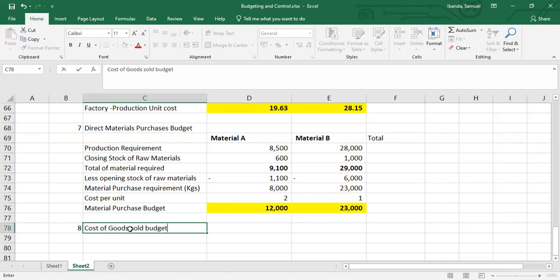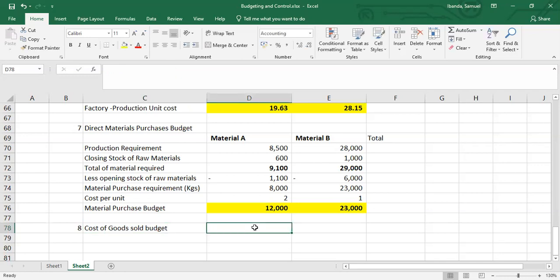The cost of goods sold budget. So when it comes to the goods sold budget, definitely remember, we have two products. We have kettles and saucers.